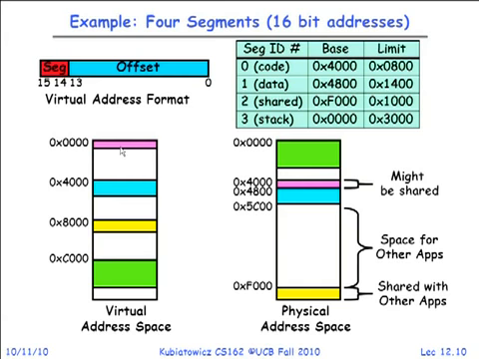And once we get up to segment 1, we see that segment 1 starts at base 4,800, right there. Its limit is 1,400. It's this sliver that size. And so this set of addresses gets translated there, and so on. Okay? Now, what happens if we try to access an address here?